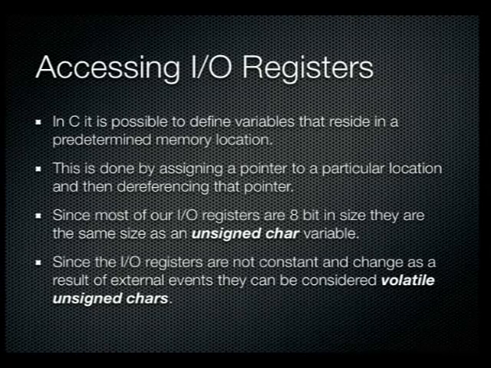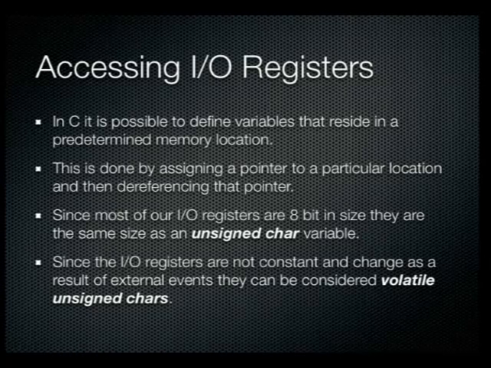So we can define variables inside C that reside in predetermined memory locations. We can simply set up pointers to memory locations and then dereference those pointers to a particular variable name.